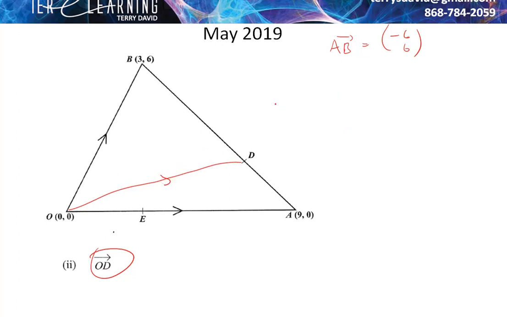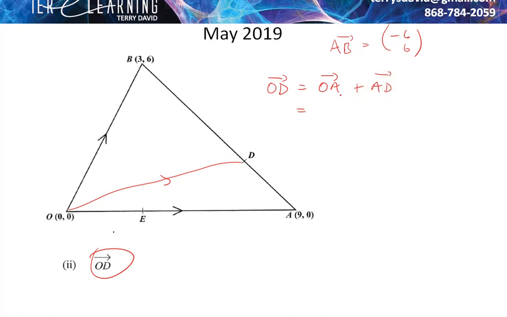To go from O to D, I want to start at O and end up at D. So I can go from O to A, this way, O to A plus A to D.